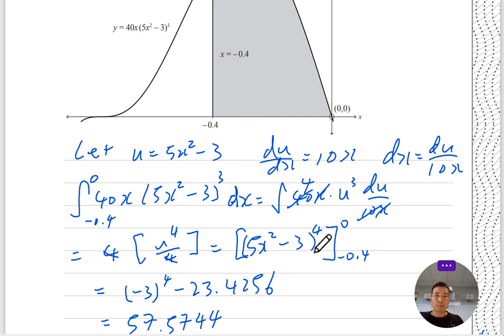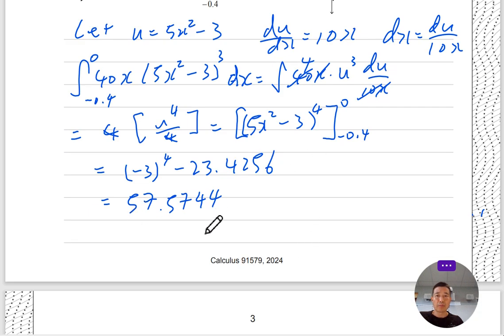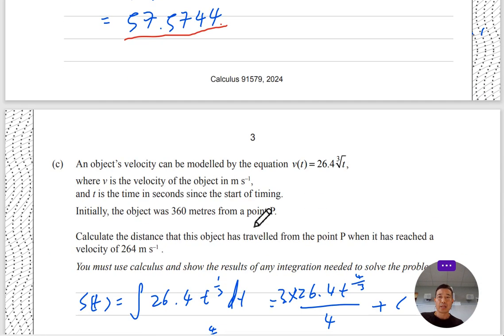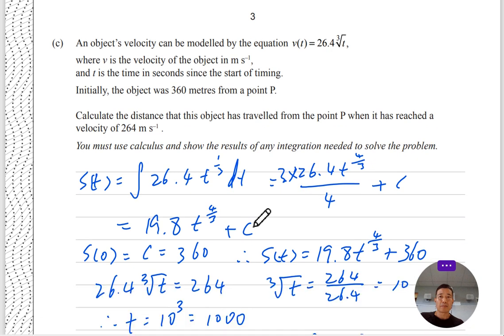Then I can put the range back, or domain, whatever you call it, from minus 0.4 to 0. When you plug them in, you get 57.5744.